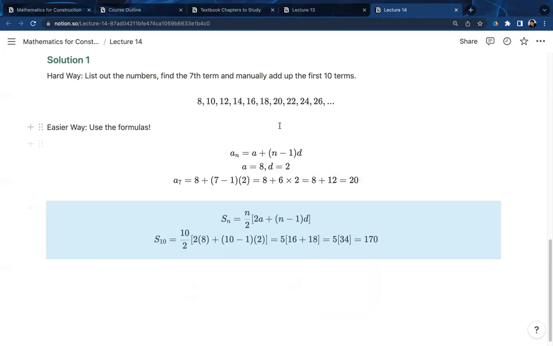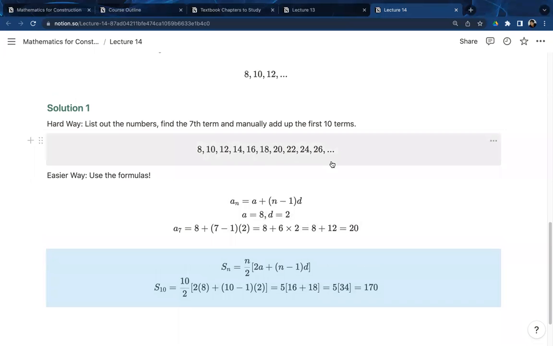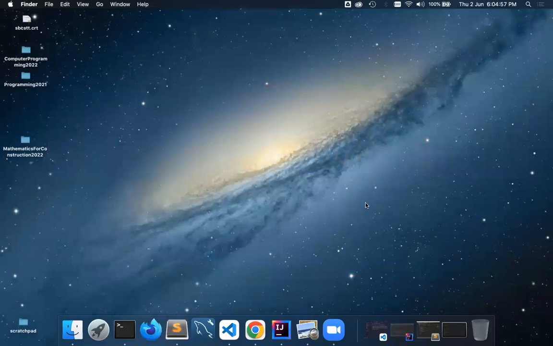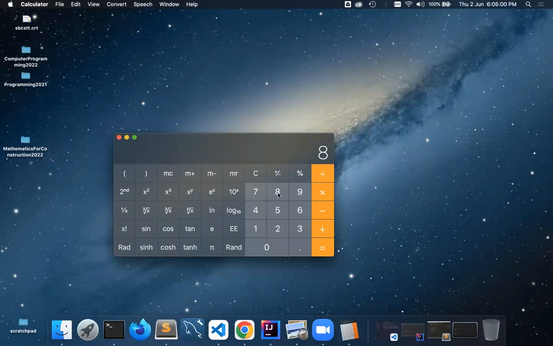So yeah, if you add up these numbers here, 8 to 26. Let me do that the hard way, right? 8 plus 10 plus 12 plus 14 plus 16 plus 18 plus 20 plus 22 plus 24 plus 26.